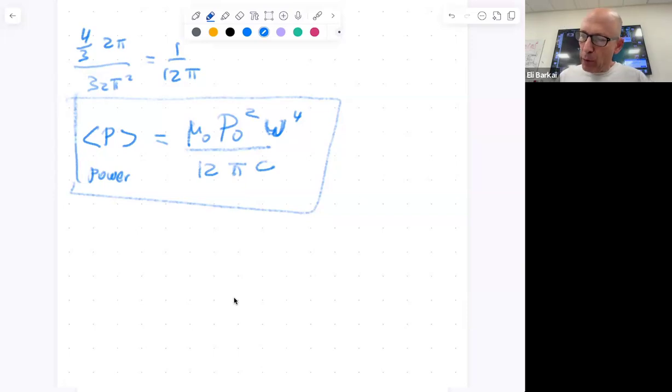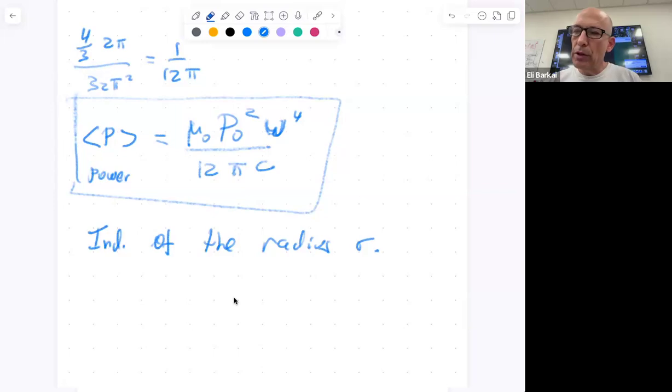This is, of course, not independent of the radius R, which is obvious. This is my whole point. And this is essentially one of the nicest equations that we have here. And this depends on the omega to the power 4.